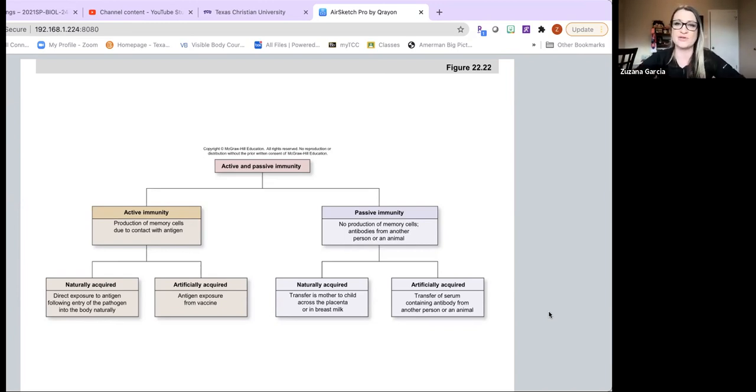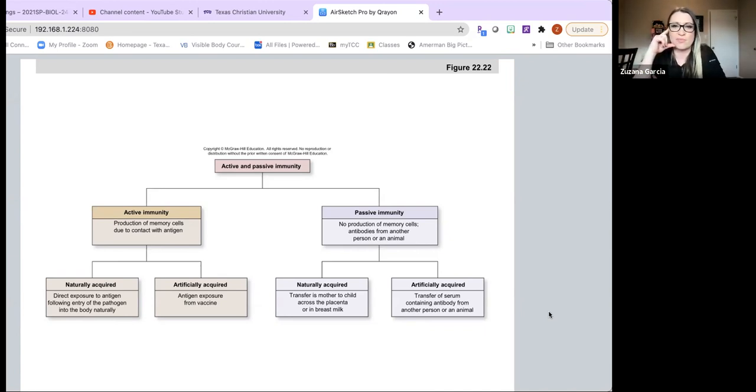Artificially acquired passive immunity is where you transfer serum that has the antibody to another person or an animal. I know they were doing this when we had the Ebola outbreak, I guess, a few years back. They were using that doctor's plasma somehow to try to treat other people.